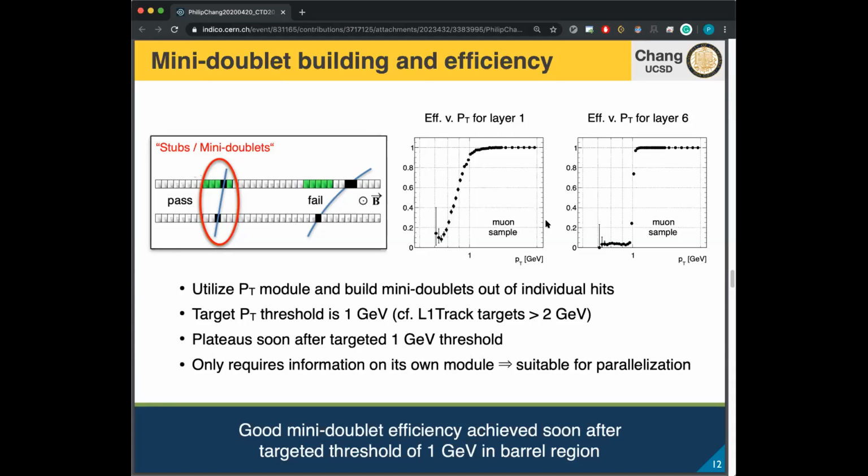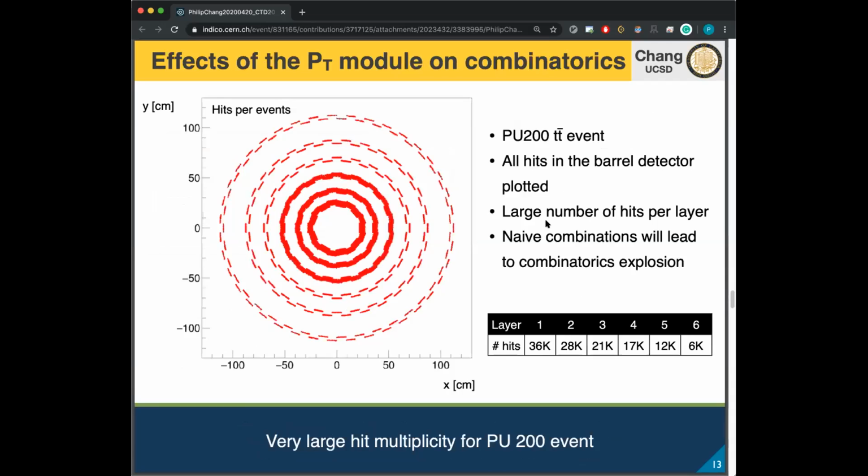Then, once the mini-doublets are built, let me show you a couple of slides with plots to illustrate the impact of these PS modules on the combinatorics. For example, on the left-hand side, I'm showing all the hits in red from pileup 200 tt-bar events that are being deposited in the outer tracker. There's a large number of hits, ranging from something like 6,000 to 36,000 hits in each layer.